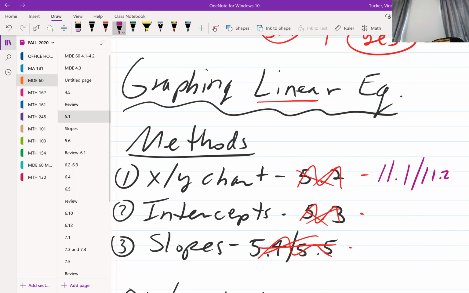Let me make sure that intercepts and slopes aren't in the same section. Oh, okay, that's in 2. This is 11.2. It's 11.3.